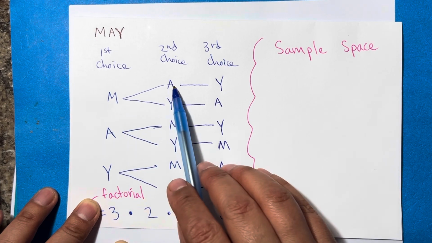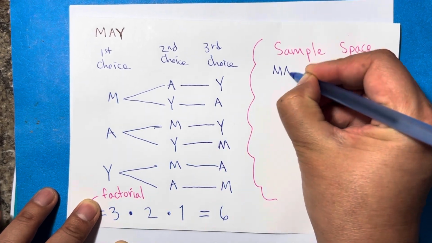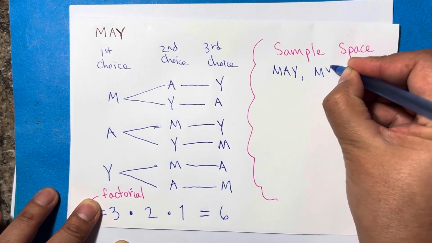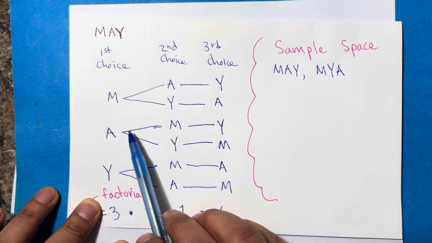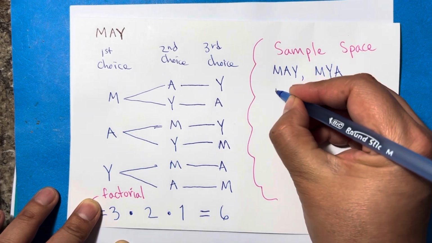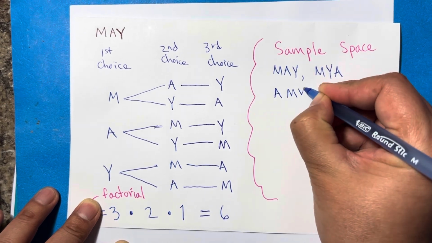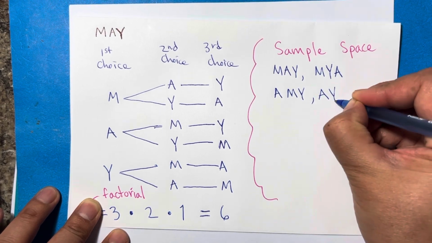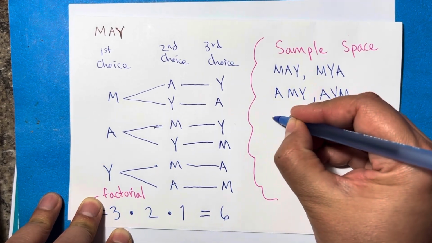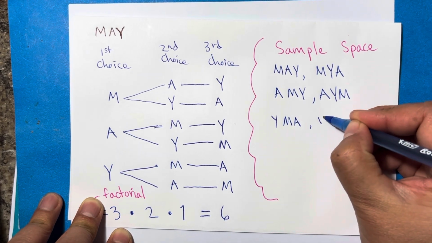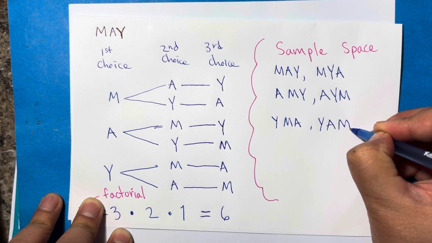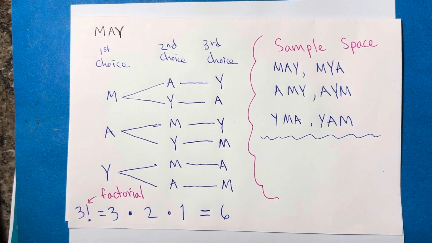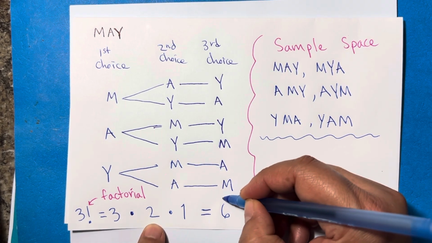I may get an M, A, Y in that order, or I may get M, Y, A. Or maybe A, M, Y. Or A, Y, M. For the next one is Y, M, A and Y, A, M. So in the sample space, we see that there are 6 possible outcomes or arrangements, and that's what these are showing.